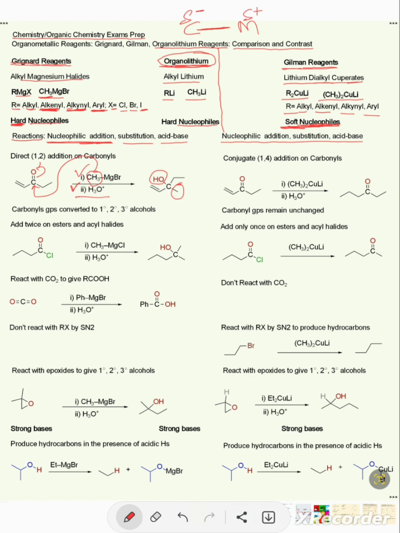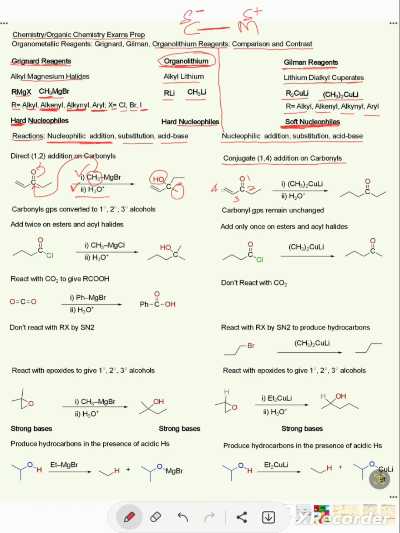Now, if we see the Gilman's reagent, it would not directly add on to the carbonyl group. Instead, because they are soft nucleophiles, they would attach at the 1,4 position. If you consider this as 1, 2, 3, 4, the Gilmans would not attack the carbonyl, the number 2 carbon.